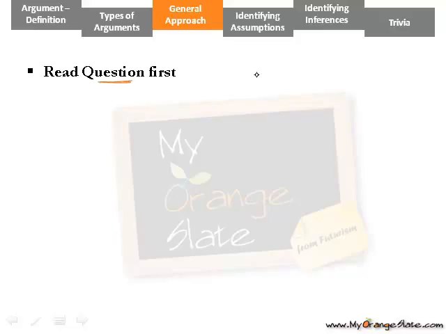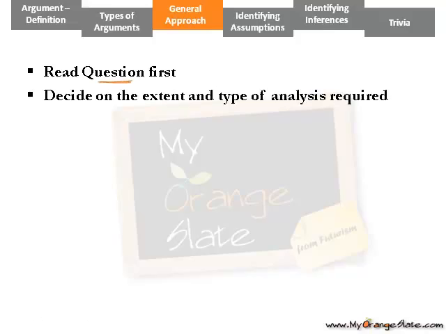While in reading comprehension, it is advisable that we read the passage first and then go to the questions, in critical reasoning, since there is only one question based on the paragraph, and the question actually determines the extent of analysis required for the passage, we should first read the question and decide on the extent and type of analysis required.